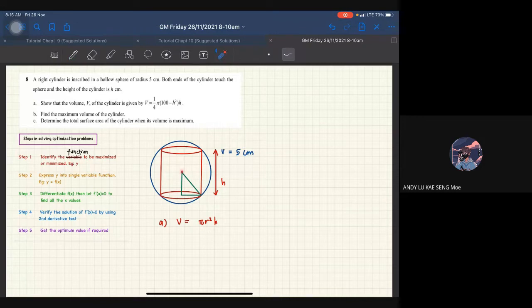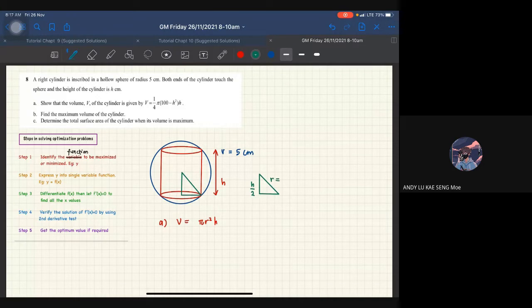Ini adalah radius kita. This one adalah tinggi yang dibahagi kepada 2. So saya keluarkan dia punya triangle. This is H over 2, sebab kita punya height, kita divide by 2. And then this one adalah radius, so dia dapat 5 cm kat situ.